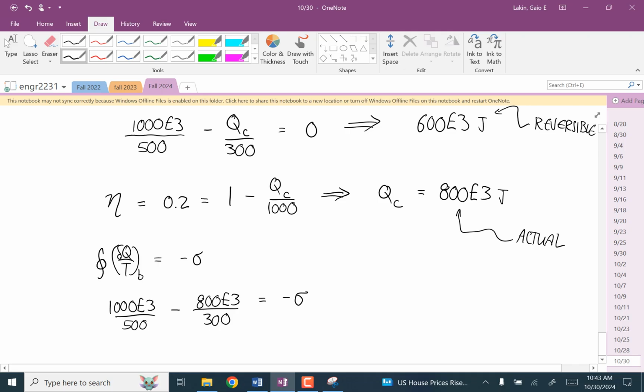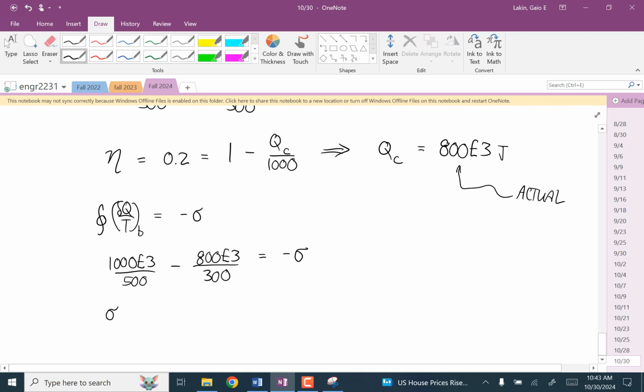And you get that sigma is equal to, I got 666.6 repeating joules per Kelvin. Yeah, right.